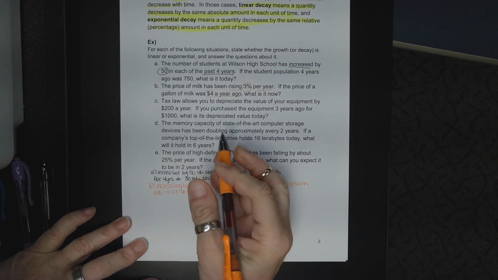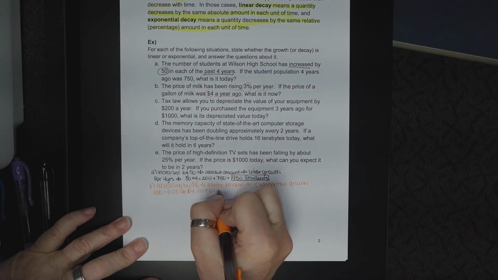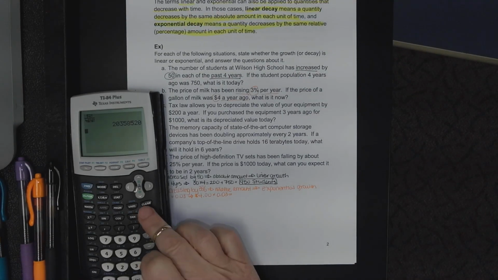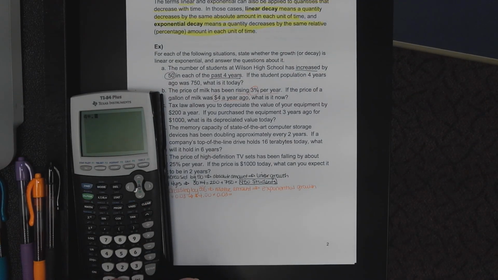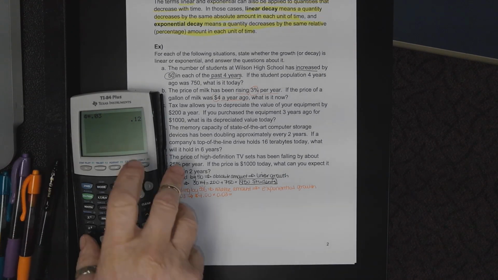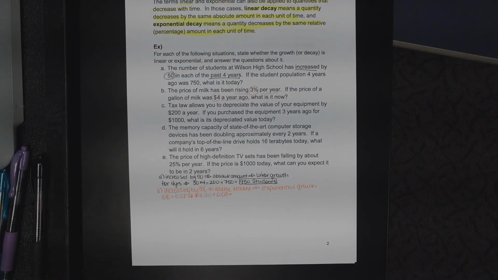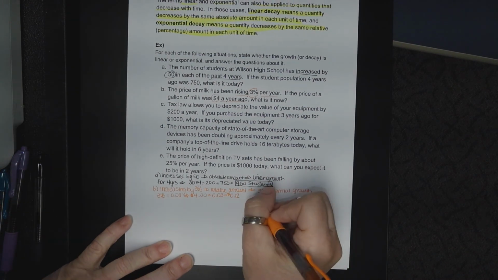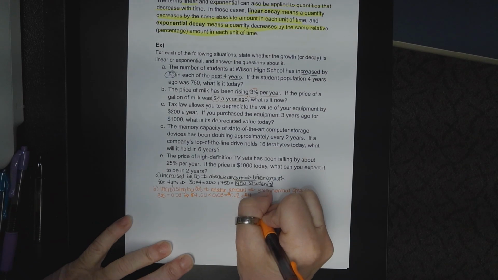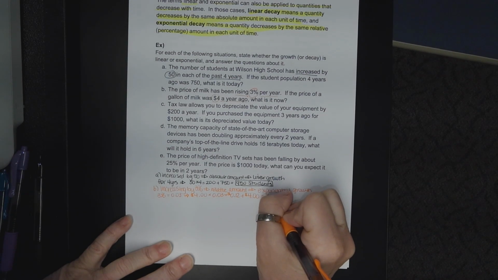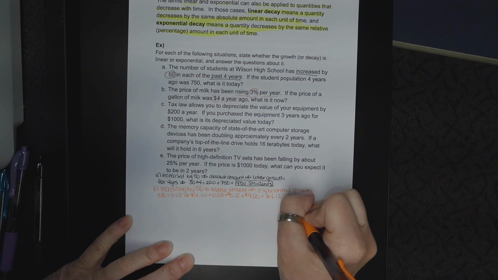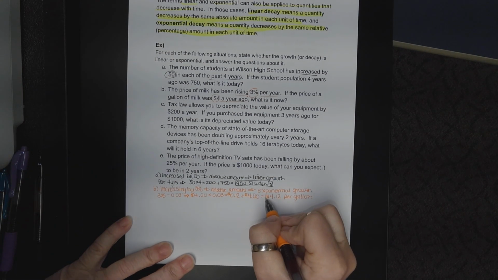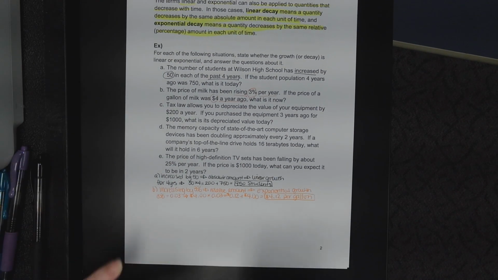We multiply that by 0.03. That's 12 cents. So now we can add that to our $4. $4.12 per gallon. That would be the answer for B.